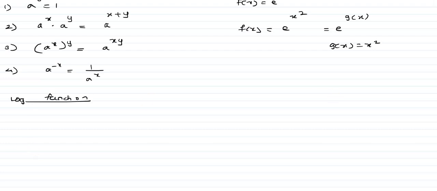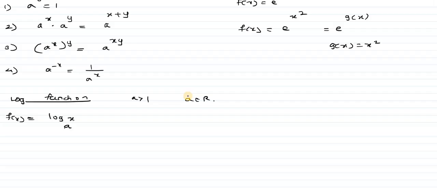We are dealing with the logarithmic function for any real number a greater than 0. If you have f of x equal to log x, this one is the argument and this one is the base. Here a, whatever I have written, that base is important. Clear?